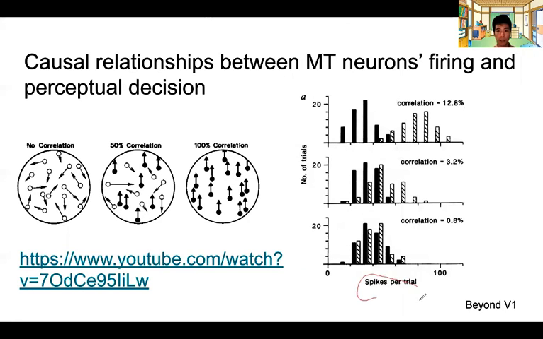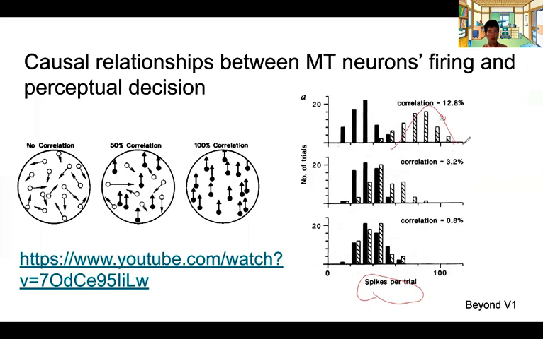They counted the number of spikes. Here, this is a 12.8% trial, and some of the trials produced this neuron firing a lot. On the other hand, if this case is upward motion, and this is a downward motion, then this neuron didn't like this downward motion. So in most of the cases, it fired much less. And then there is a mean peak here, and a peak here as well.